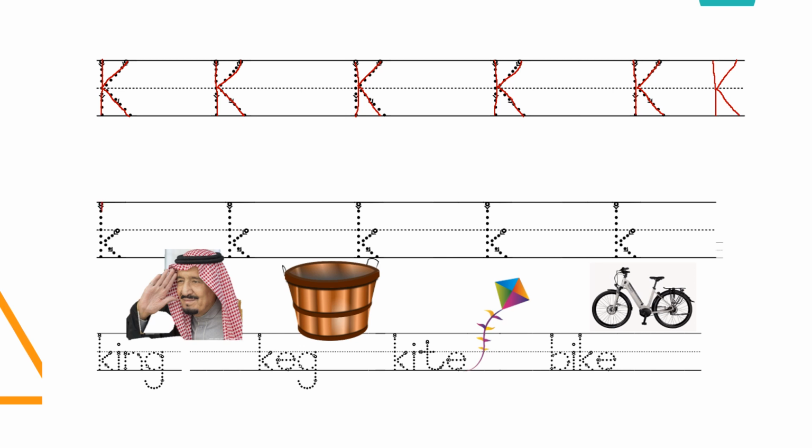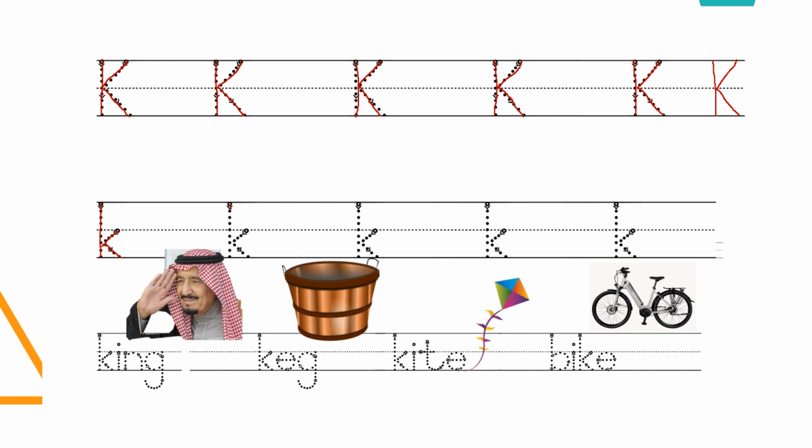So the lowercase letter is also very similar. It's straight down. Okay, let's just try that again. So it's neat and clear. From the top straight down, and the same shape, but instead of starting right from the top, you're going to start from the center, and you're going to go to the center of the middle line and the bottom line, and then you're going to go down.